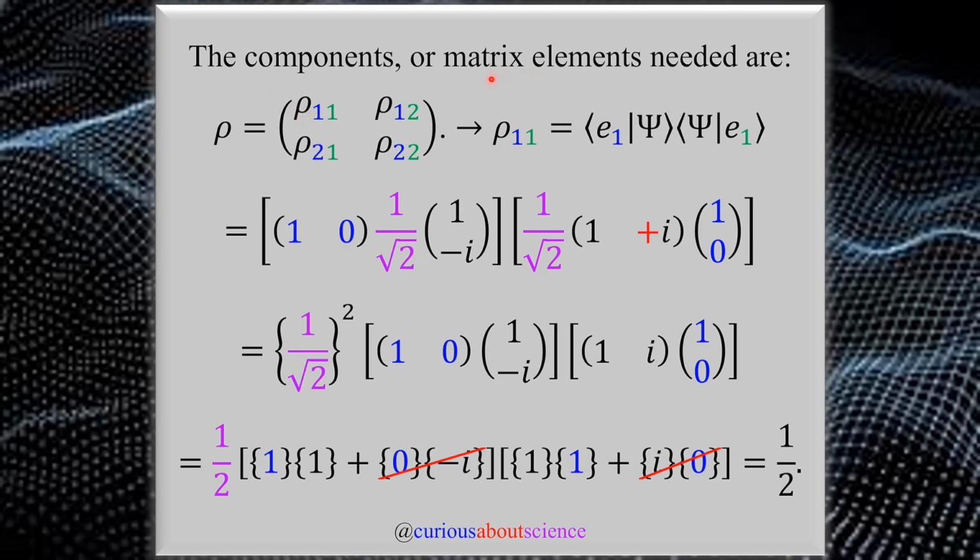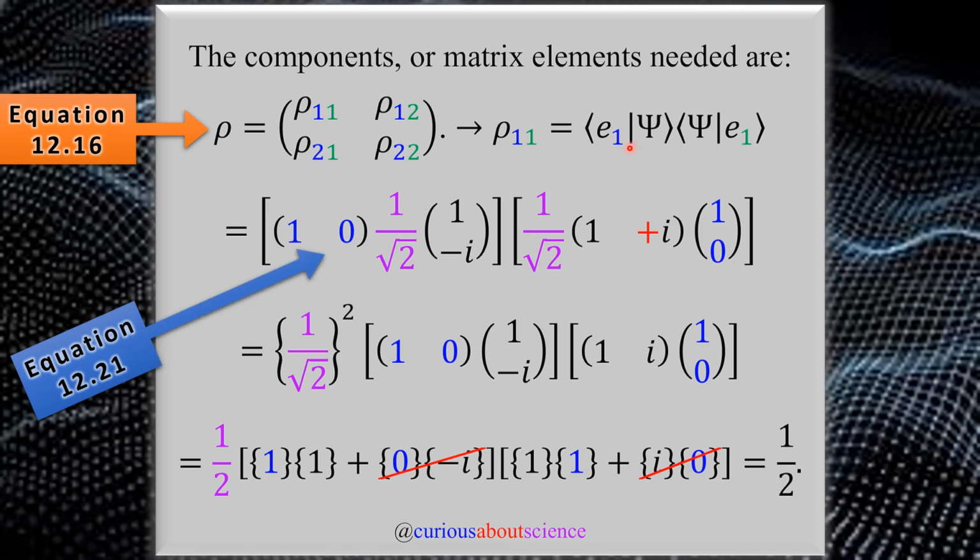The matrix elements needed are all of these, which together form the density matrix, 12.61. Each of these elements, say for 1, 1 or ij, is standard basis E_i, standard basis E_j. In this case, our first element is 1, 1, so we just need E1 and E1. To recall, these came from equation 12.21, which we're told about in the problem statement itself.